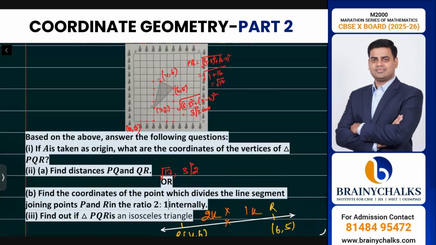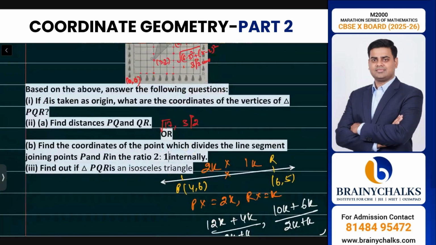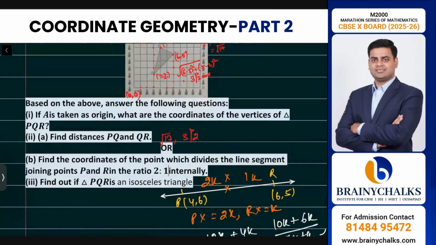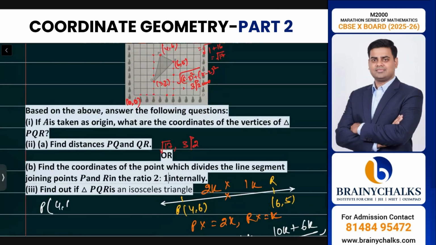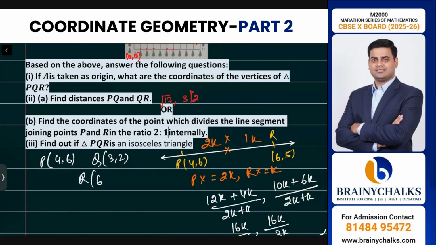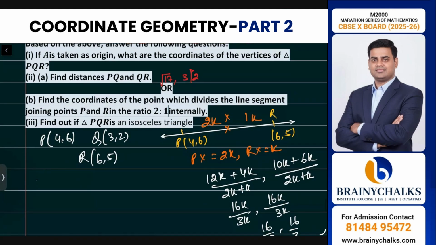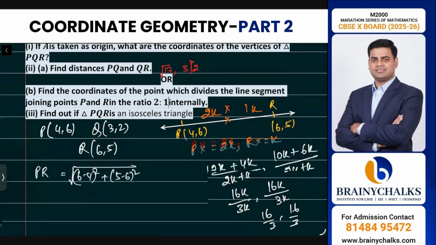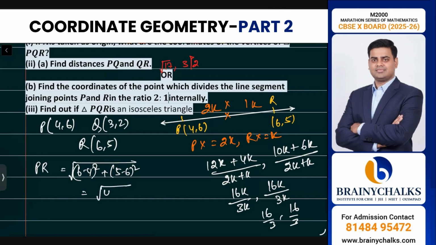Take the sides PQ, PR and QR. Do you want me to solve that? Okay, I will tell you the coordinates, since you don't know. P is 4,6, Q is 3,2, R is 6,5. If I find PR, it will be root of 6 minus 4 the whole square plus 5 minus 6 the whole square. So 2 square 4 plus 1, root 5.